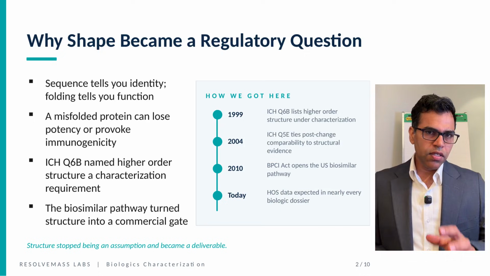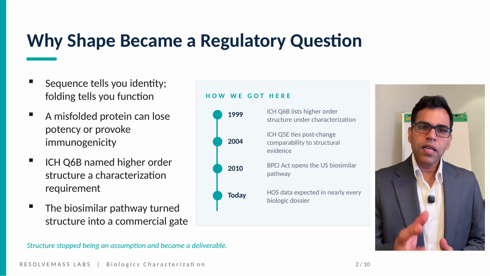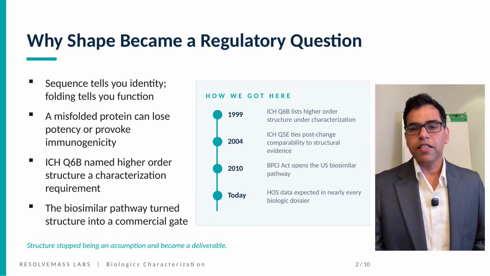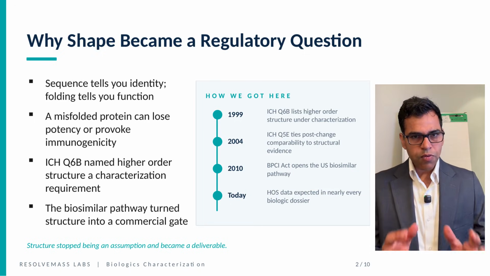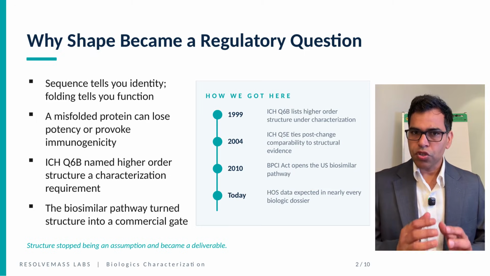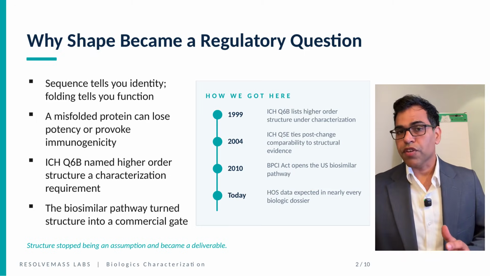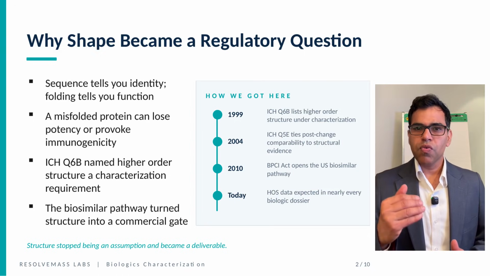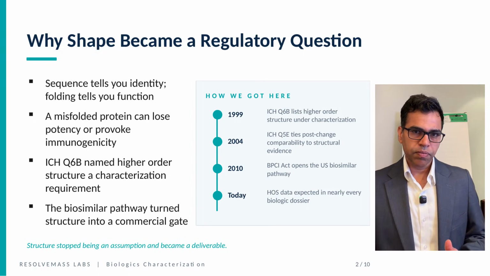So, protein drugs are the only medicines where the molecule shape is part of its identity. Get the sequence right and the fold wrong, and you have a different product, one that can lose potency or provoke an immune response.